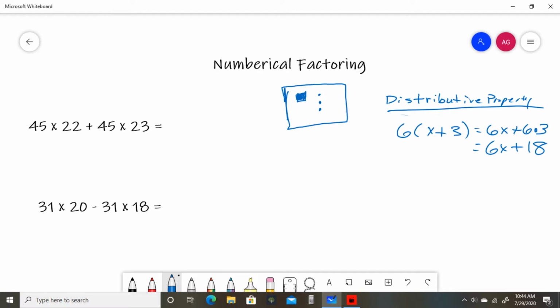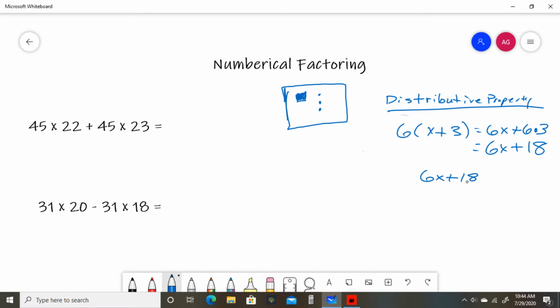So this factoring thing, numerical factoring, is just the opposite of the distributive property. So imagine we started out with 6x plus 18, and we wanted to turn it into this right here. So what you want to do is look for a common factor, because here we took this number and multiplied it by each of these. So what we're going to do is the opposite of that.